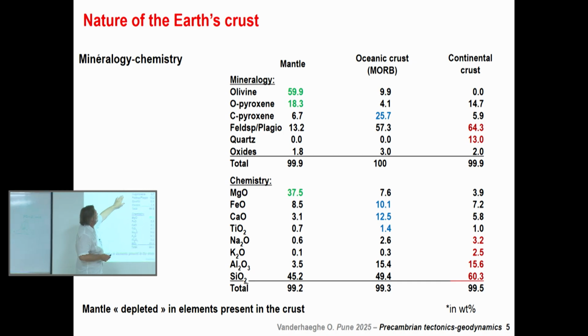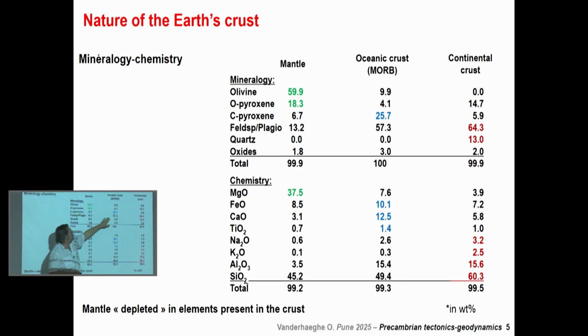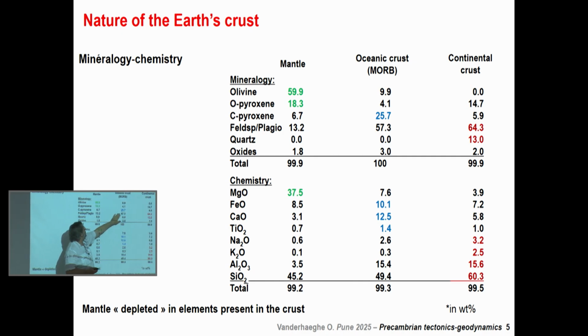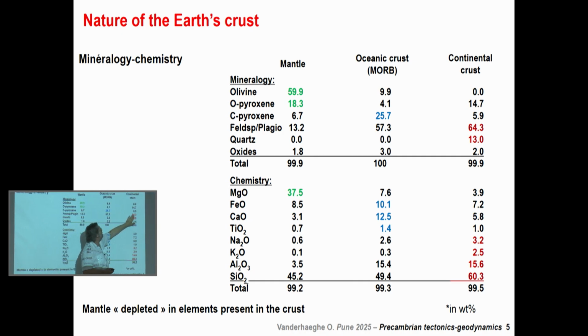In terms of mineralogy, I put here in green the main minerals of the mantle, in blue the ones of the oceanic crust, and in red the ones of the continental crust. We have basically olivine and orthopyroxene for the mantle, clinopyroxene and plagioclase for the oceanic crust, and plagioclase, K-feldspar, and quartz for the continental crust.